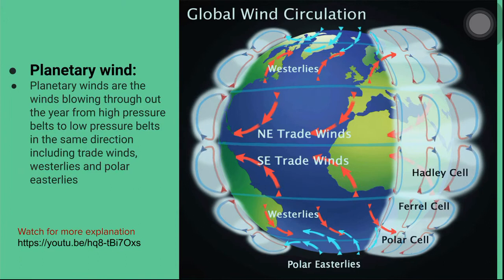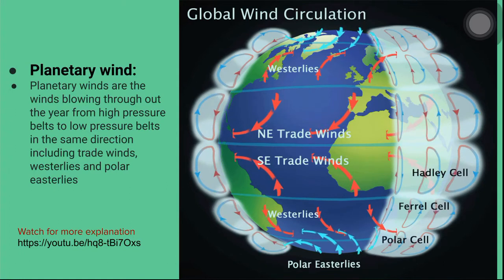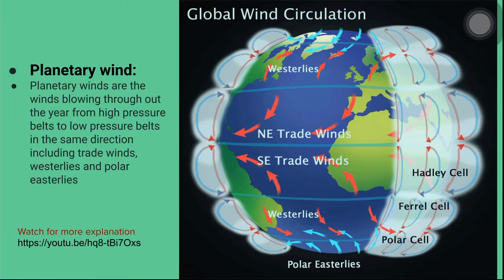Planetary winds are winds blowing throughout the year from high pressure belt to low pressure belt in the same direction. Planetary winds include trade winds, westerlies, and polar easterlies.